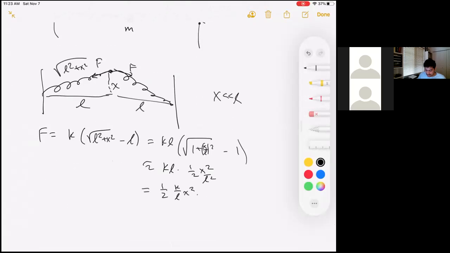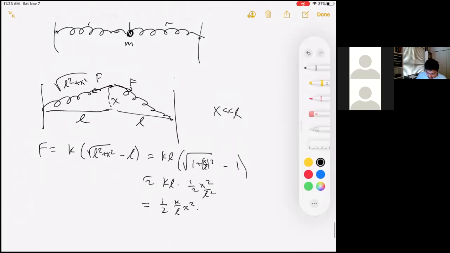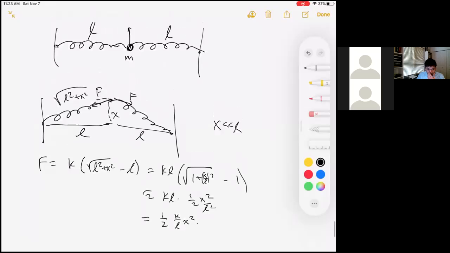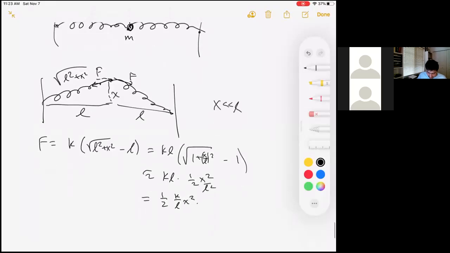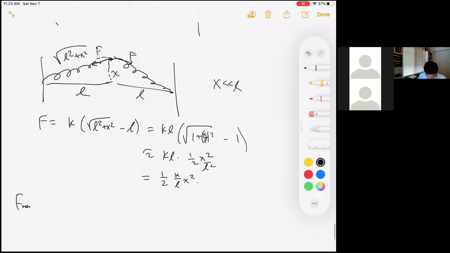The force is quadratic, and if we take the two components of it, only the vertical component matters, so the final restoring force, F restoring, is equal to negative 2 times 1/2 k over L x squared times sine theta.